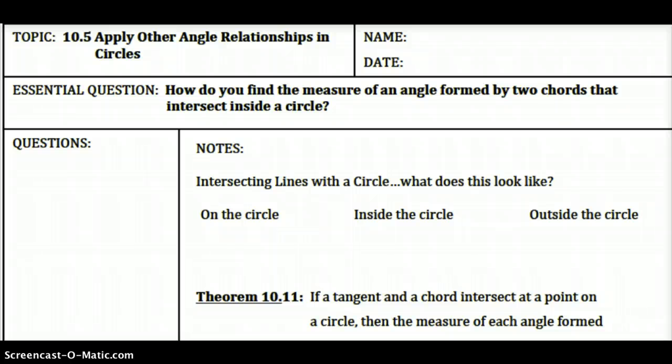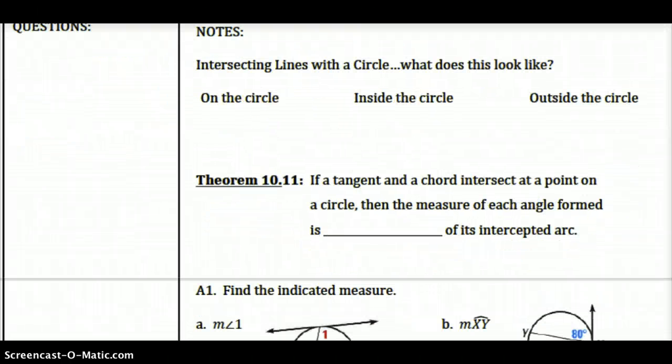So let's take a look at what these actually look like. What does this look like on the circle? That would be a line here, and a line here, and intersecting here.